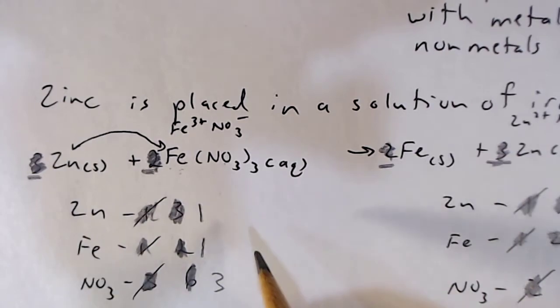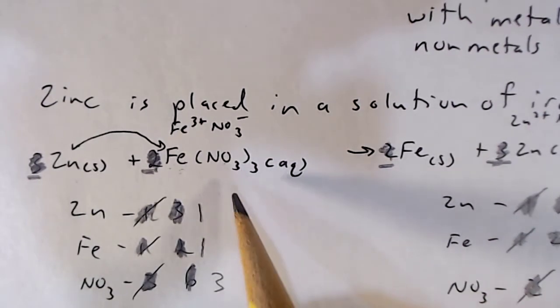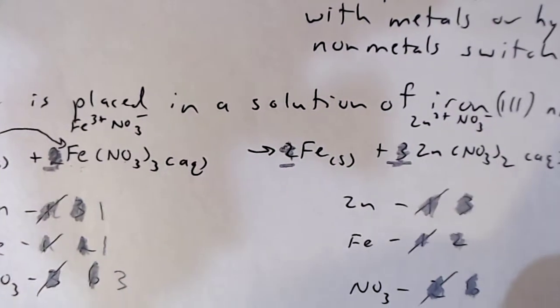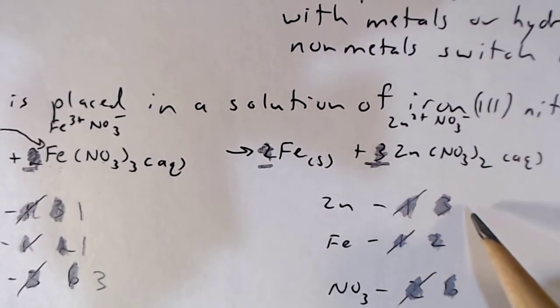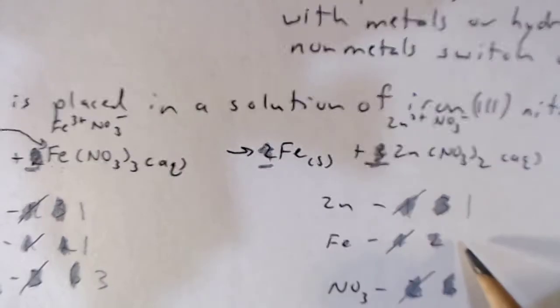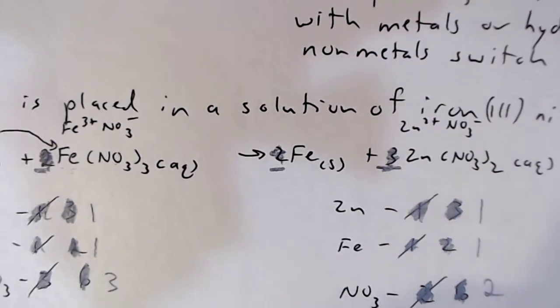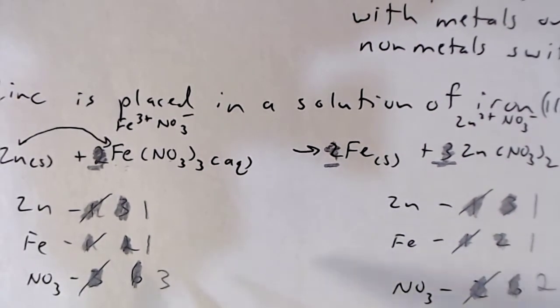Now I think it's easier to balance NO3s instead of Ns and Os separately. There's a lot less work that way. As long as NO3 doesn't change, then it's easier to balance the entire polyatomic ion. And then over on the right, we have 1 zinc right now, and 1 iron right now, and 2 nitrates. So we do not have the same number of nitrates on both sides.